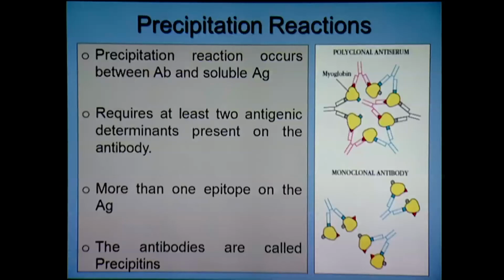It will be precipitated out. This is called precipitation. The immunoglobulins or antibodies which are able to recognize soluble antigens are called precipitins. Using this precipitation reaction, we can detect the presence of antigen or antibody in a given sample.